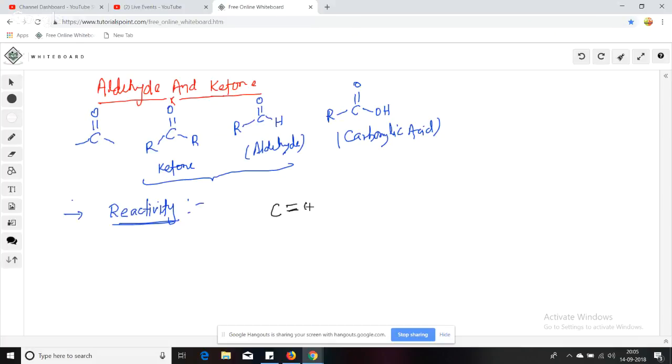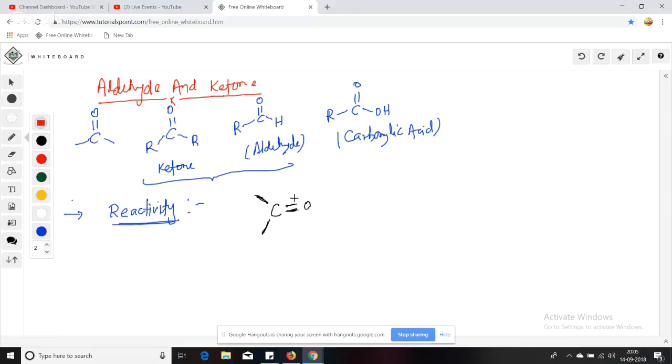In carbonyl compounds, whether aldehyde or ketone, this carbon and oxygen bond is polar, and oxygen is more electronegative.